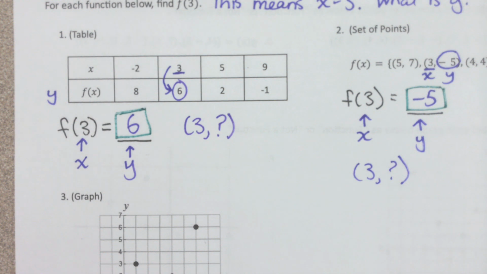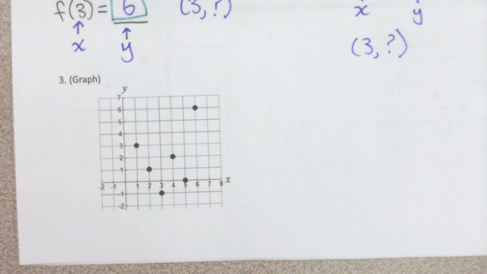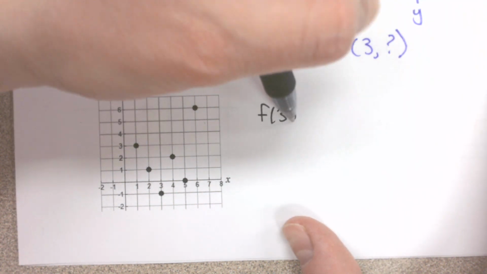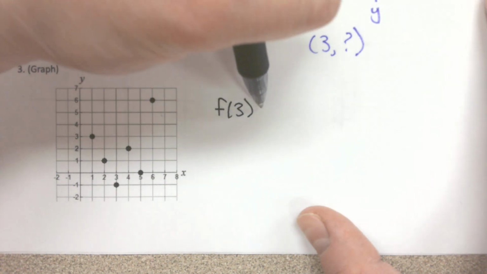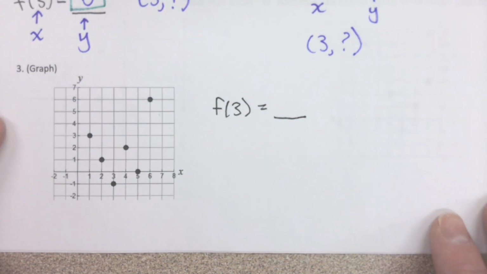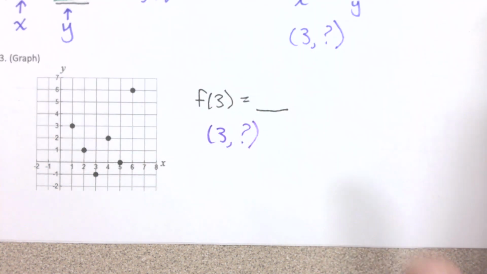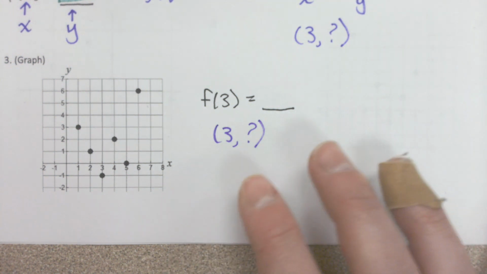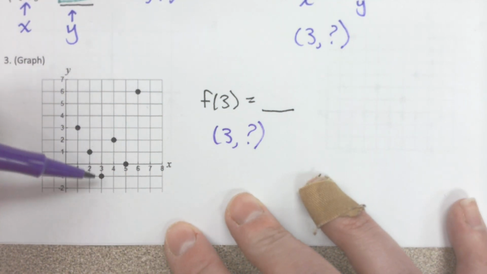All right, our last representation here, the graph. Again, we're being asked the same question. We need to find f of 3. The information is exactly the same. We know that x is 3. We're trying to find y. So we go onto our graph. We go onto 3 on the x-axis, and then we find the point.